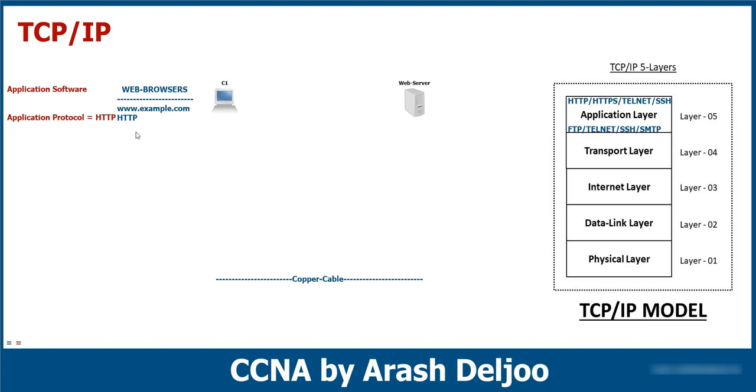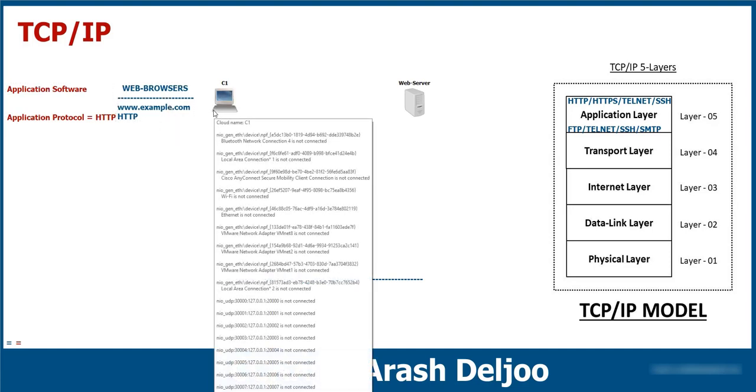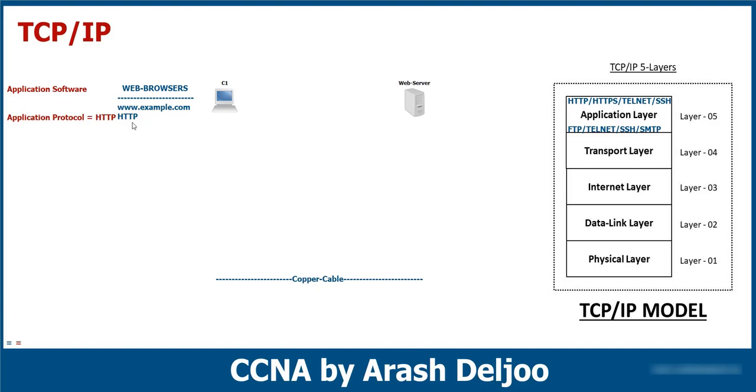You know that the first layer involved in sending and receiving data is the application layer, because the application software asks the application protocol, "Please do something for me. Here, please give me a web page, for example."